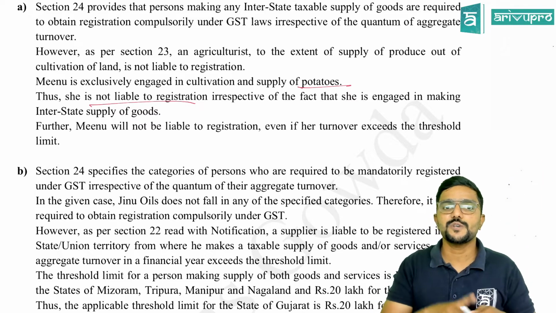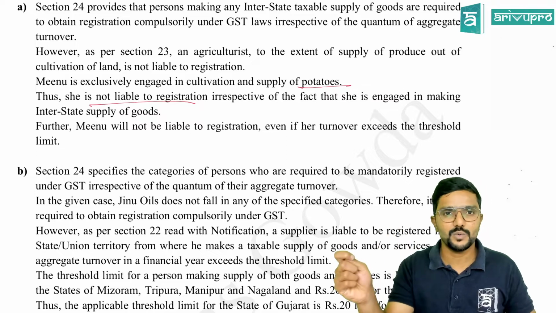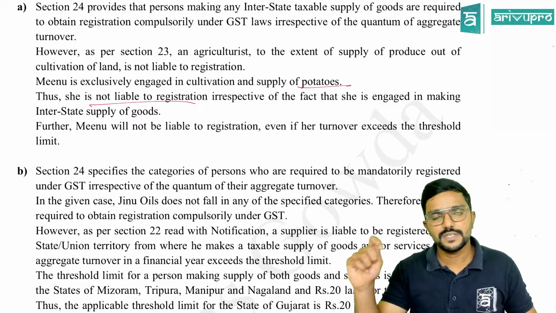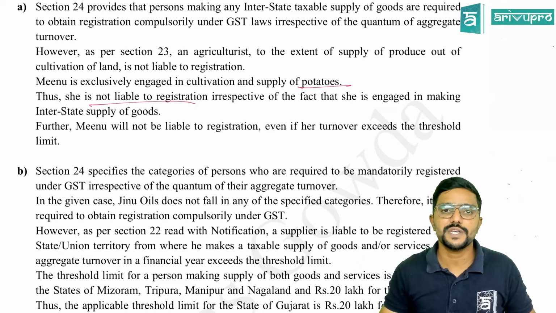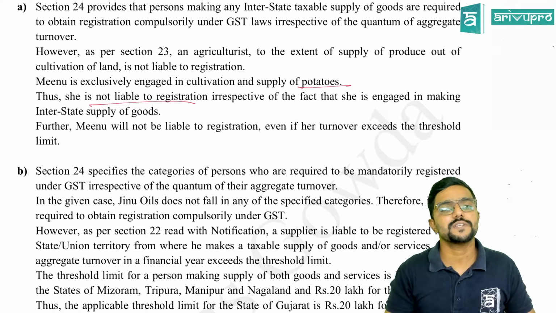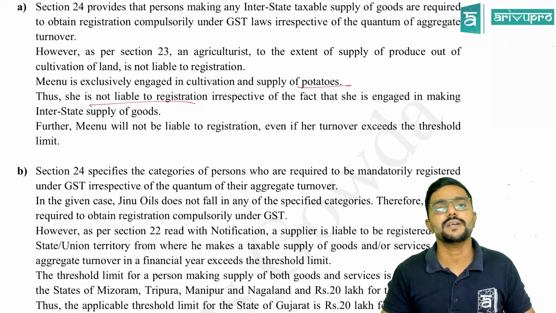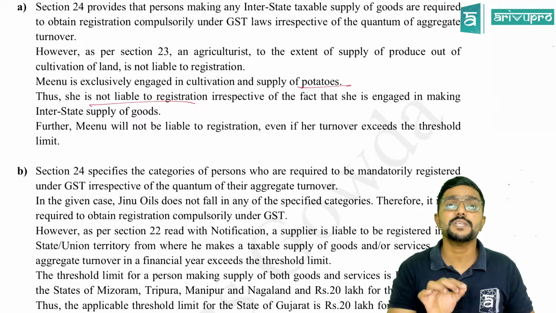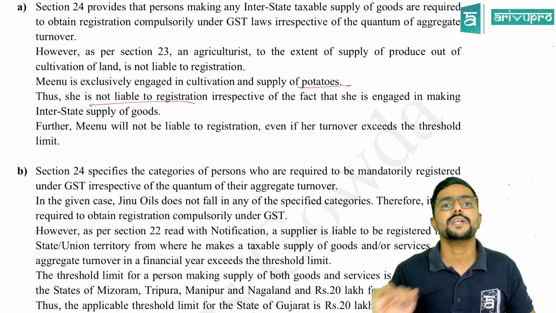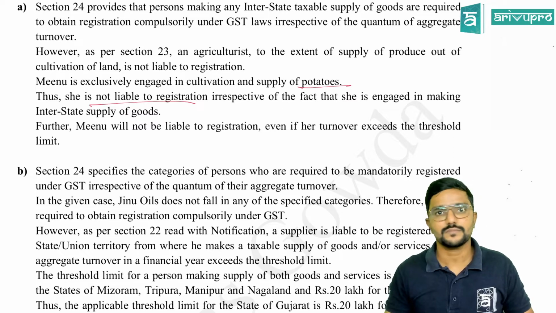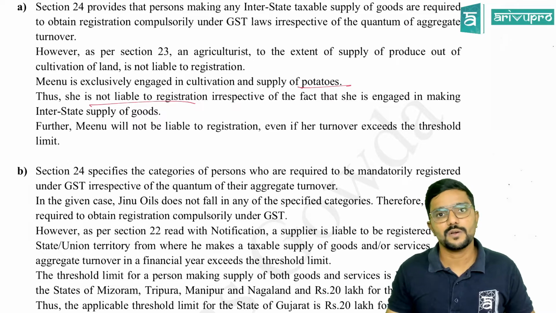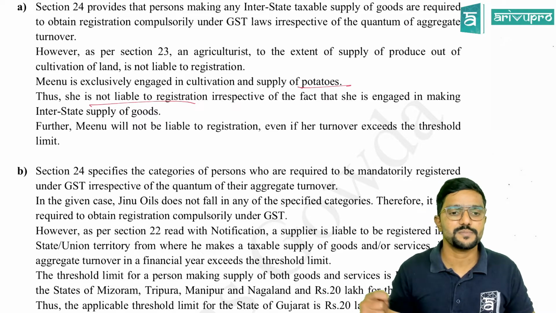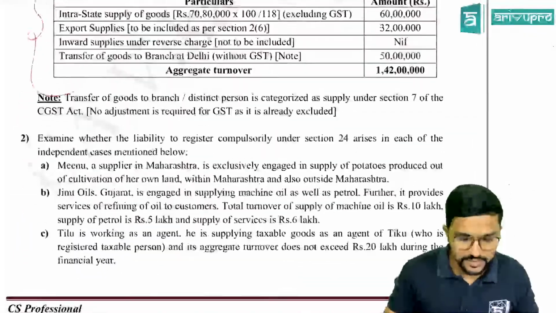If you are exclusively engaged in the supply of exempt goods or services, or goods not liable to GST, or an agriculturist supplying out of the cultivation of land, irrespective of your turnover, you need not get registered, guys. In simple terms, they are trying to exclude farmers and agriculturists under section 23 subsection 1. Okay, next, B.